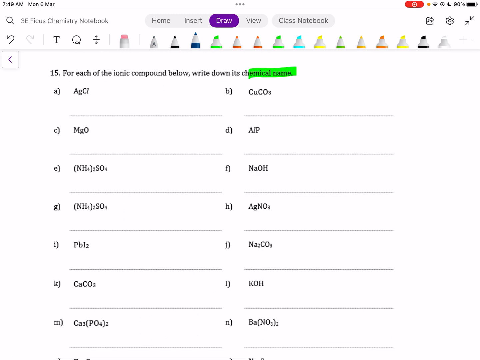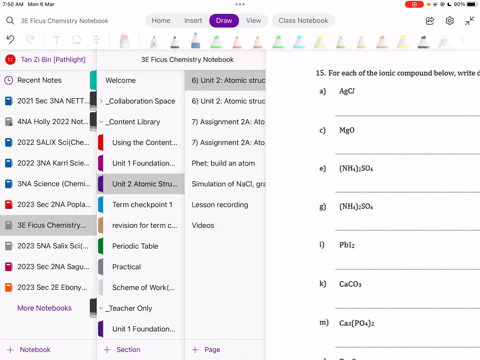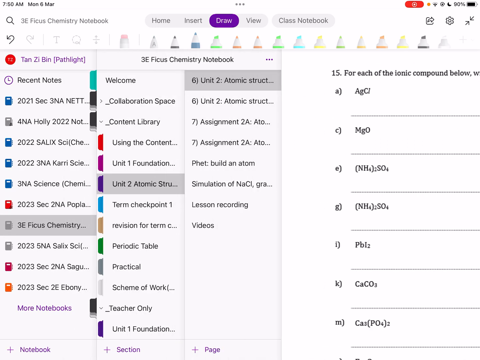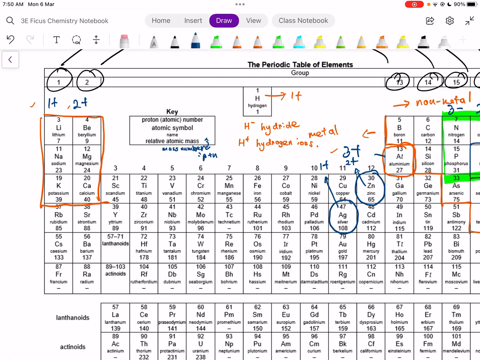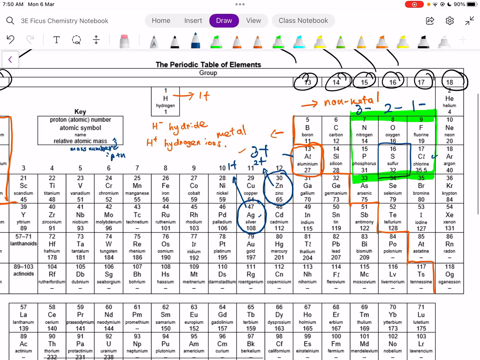Now you have AgCl. If you check your periodic table for what is Ag and what is Cl, Ag is here, silver. Cl is in group 17, chlorine.